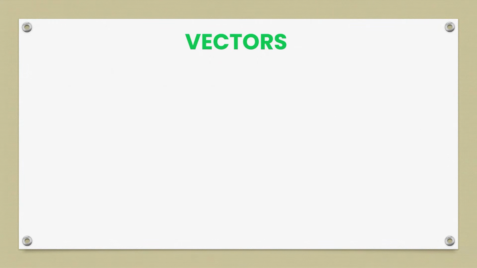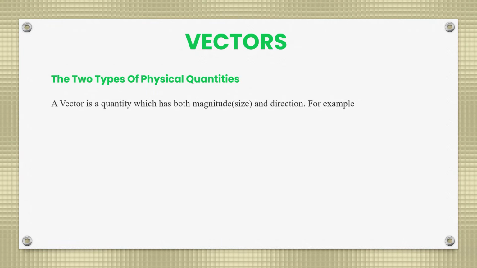Alright, vectors. So now there are two types of physical quantities. Now we're going to look at the first one, which we're going to be focusing on in this series, which is a vector quantity. So a vector quantity is a quantity which has both magnitude or size and direction. For example, displacement, we can say 5 kilometers to the north.